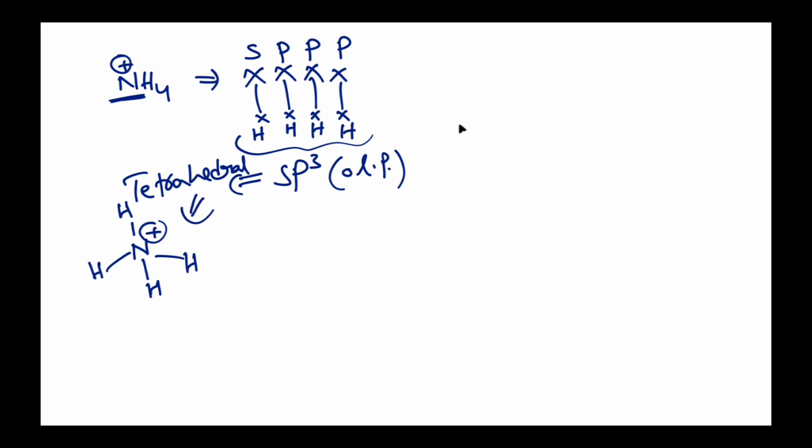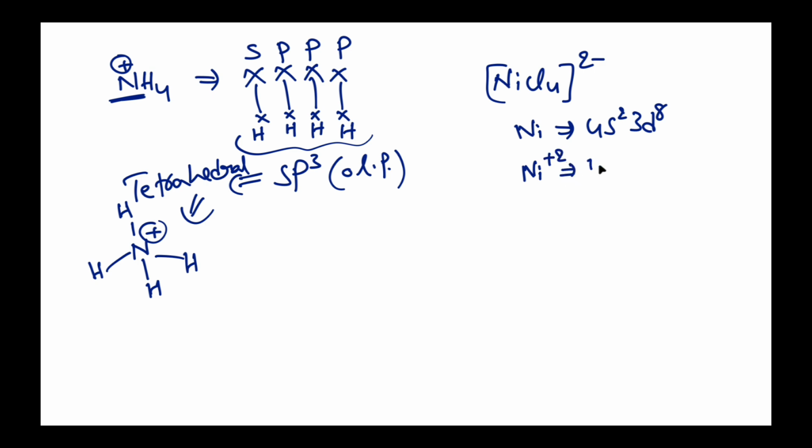Geometry is tetrahedral. Next, the NiCl4 2- molecule. In that, nickel has valence electron configuration 4s2 3d8. But here nickel is in the +2 oxidation state, that is 4s0 3d8. So the d orbital has 8 electrons, but chlorine is a weak ligand.